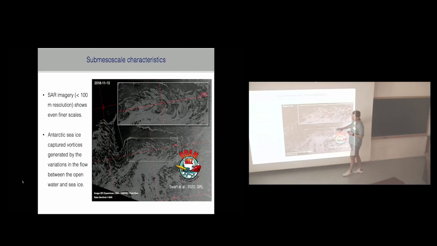And probably there is some shear in the current between the open ocean in the north and over the sea ice in the south that generates these submesoscale instabilities, almost in a way like the Kelvin-Helmholtz instabilities that we saw yesterday, being generated on the sea ice. And so these eddies are shown moving around the sea ice in these circular patterns and vortices over the Southern Ocean.